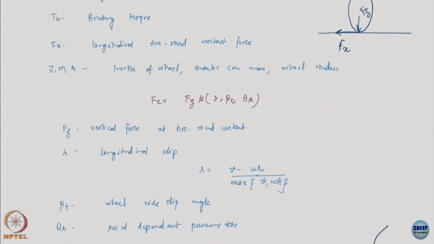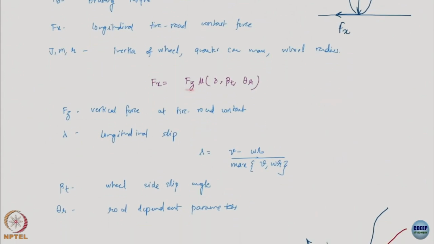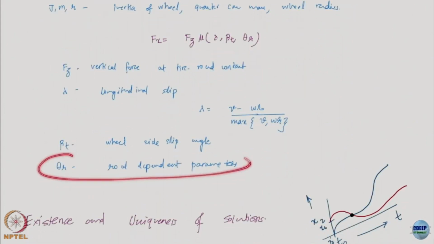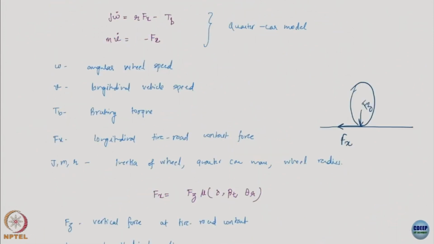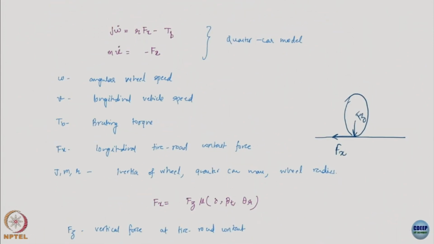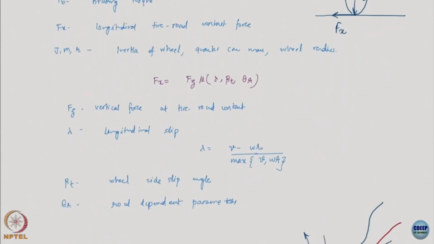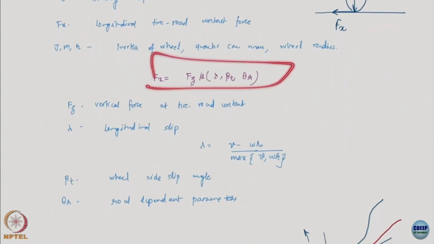You have Fz and then you have mu, which depends on lambda, beta, tau and theta r, where lambda is the longitudinal slip, and you start seeing some nonlinearities here. Then you have the wheel slip angle and some road dependent parameters. So basically this is the model. No nonlinearity here, but you start to see nonlinearity because of this expression and this expression.